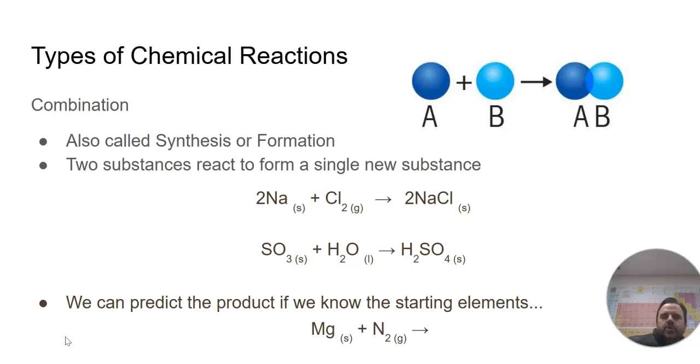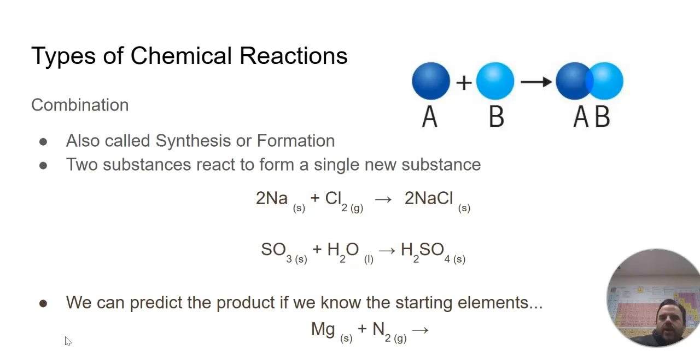Okay, so in this case, when I say two, obviously you can have two of sodium, one of chlorine. It's not dependent on exactly how many you have of each, but two different substances essentially come together to form a compound. So one of the most common ones here is sodium and chlorine gas. When sodium and chlorine gas come together, they form sodium chloride, salt.